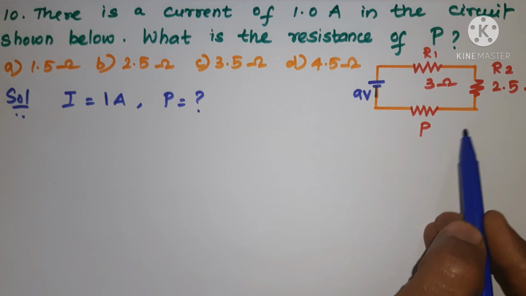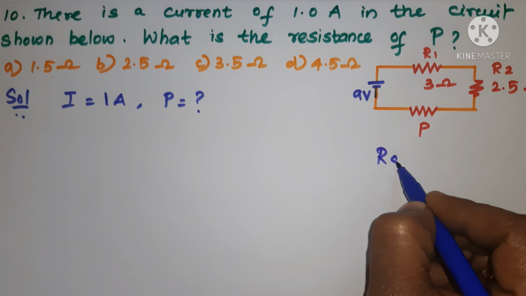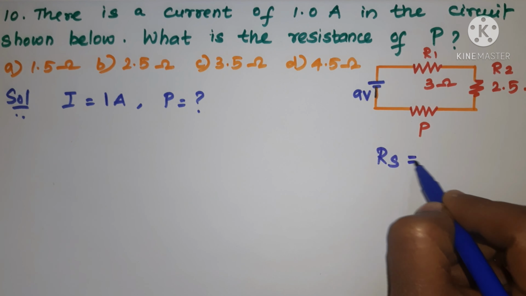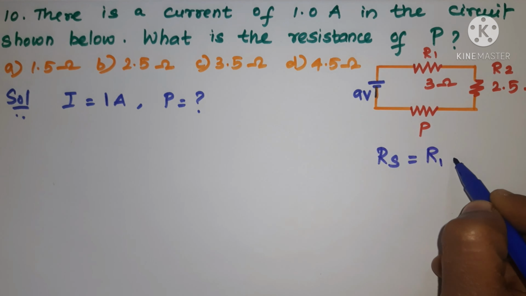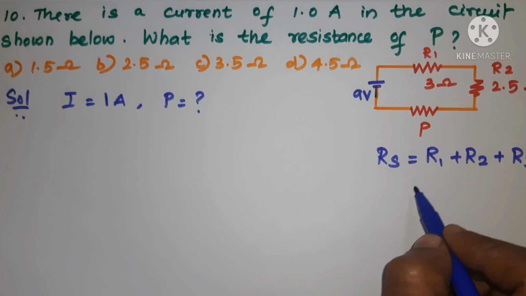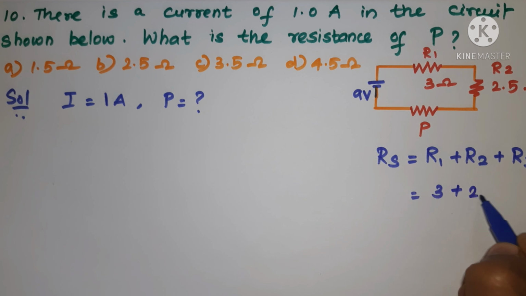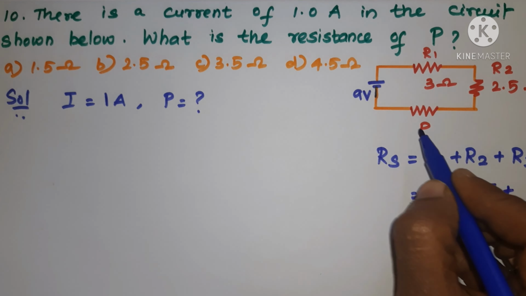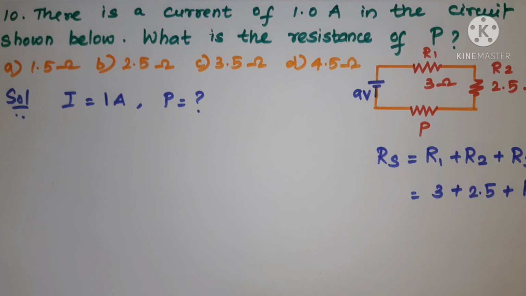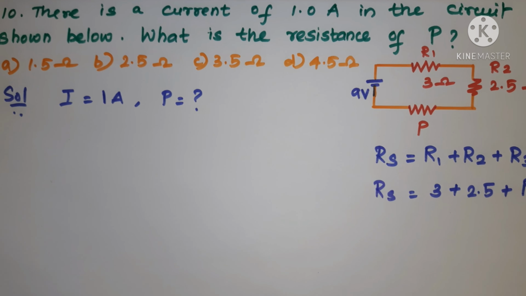As these resistors are connected in series, we have R, that is the resistance in series, is equal to R1 plus R2 plus this resistor, we write that to be R3. Now this R1 is said to be 3 ohm plus R2 is 2.5 ohm plus R3 is P, that is your resistor connected in series.